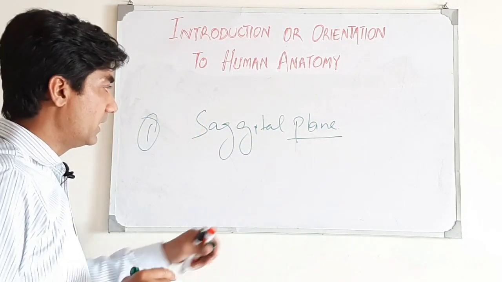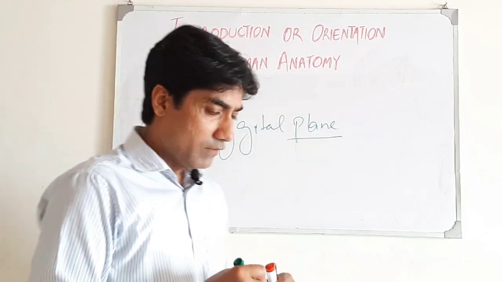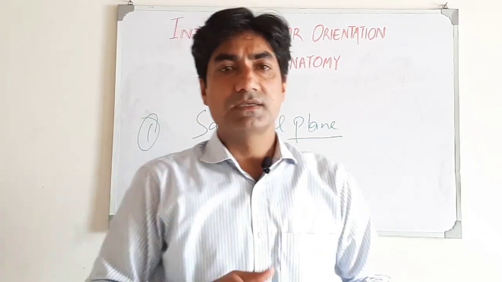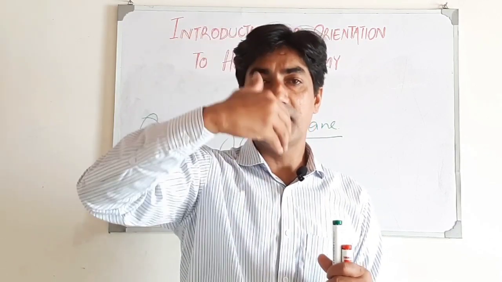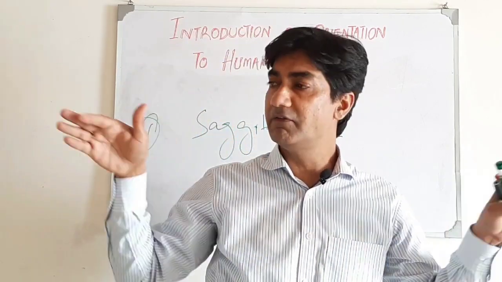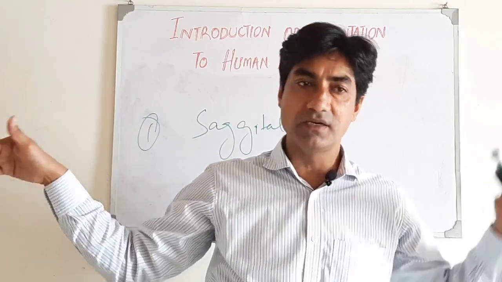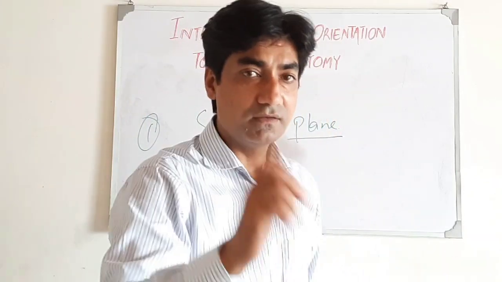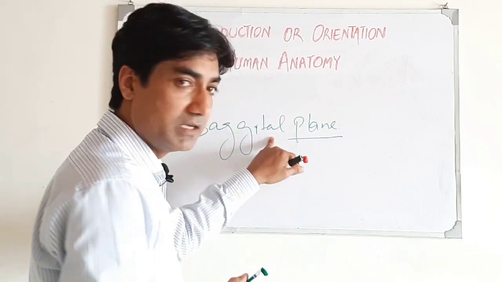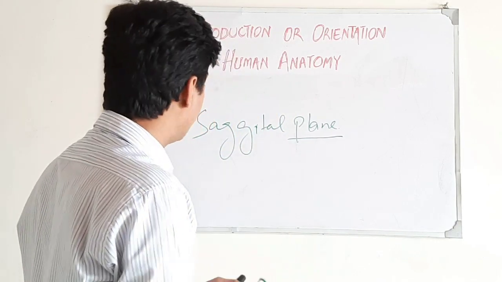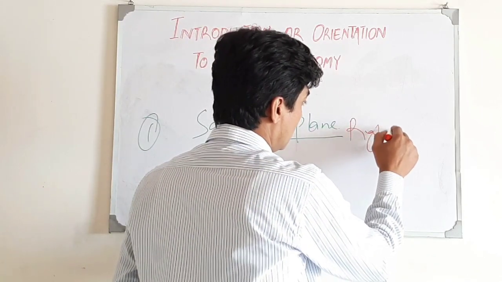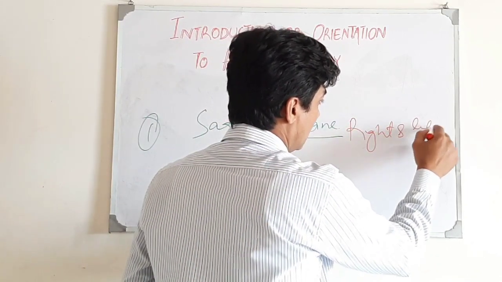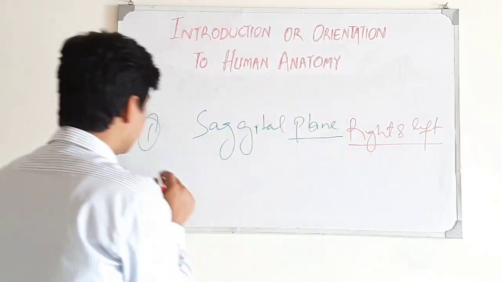In the sagittal plane, we imply a cut vertically in the midline position, and the body will be divided into right and left halves. This type of plane is an imaginary plane.